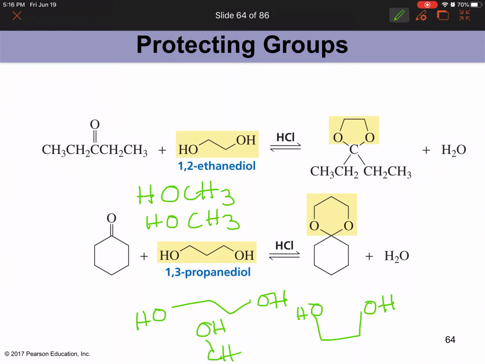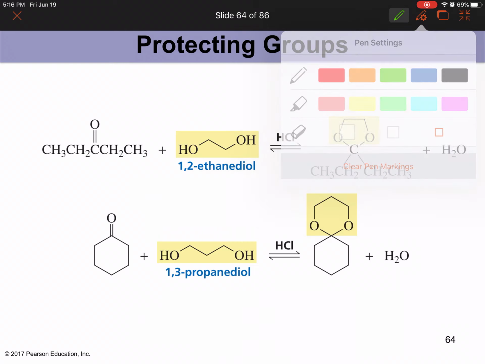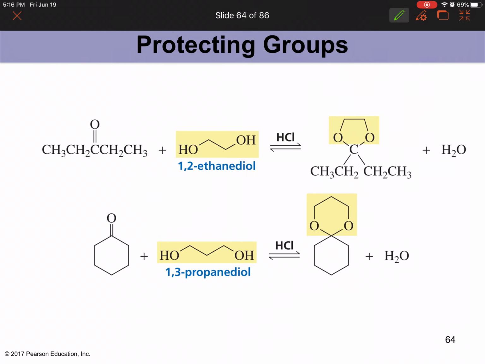Glycol, ethylene glycol, ethanediol. So it's 1,2-ethanediol, or ethylene glycol is the common name. It has two alcohol groups in the same compound, instead of adding two different alcohol molecules.